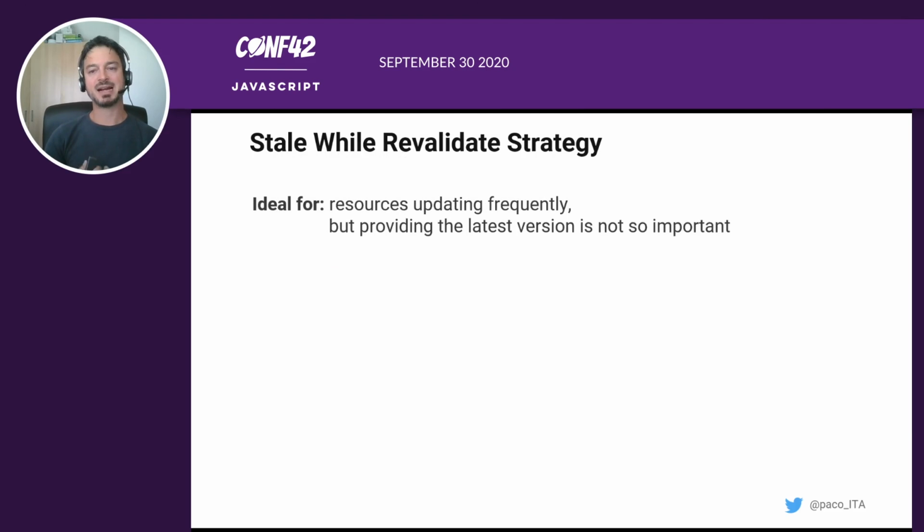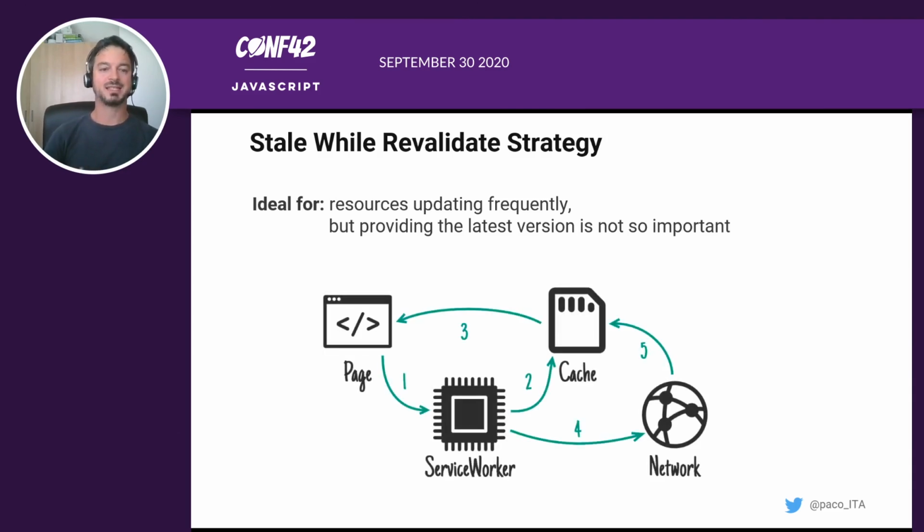Aside from these, there are also hybrid strategies. One of these is called the stale while revalidate strategy. When the service worker intercepts a request, it goes immediately over the cache and tries to provide the requested assets from there so that the response is extremely fast.